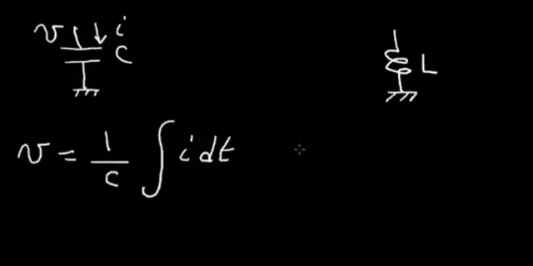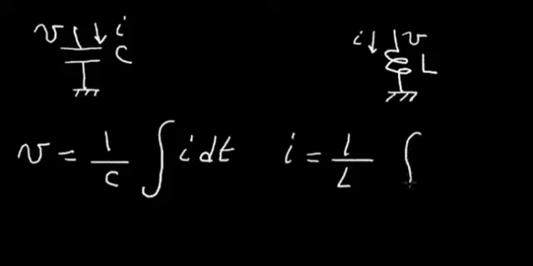The equation for the current in the inductor, I, versus the voltage across the inductor, V, is I equals 1 divided by L, integral of V dt.